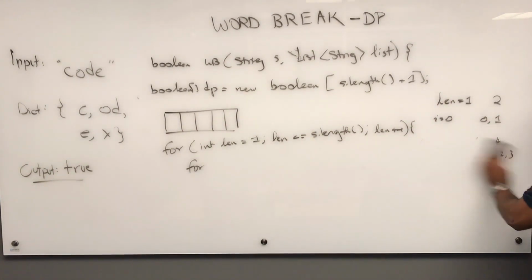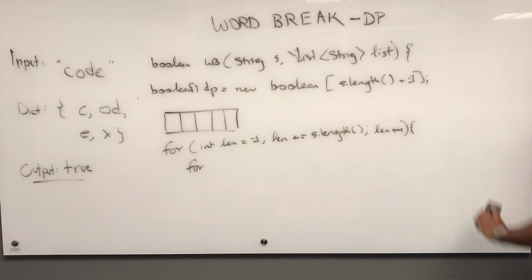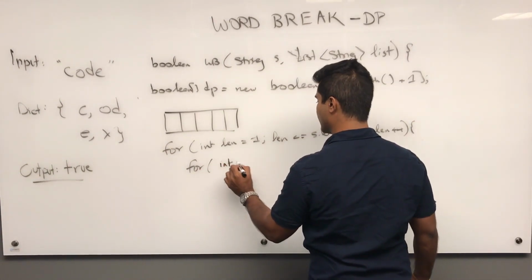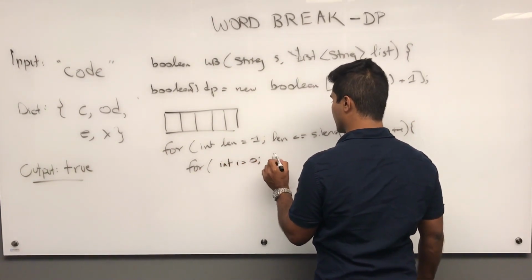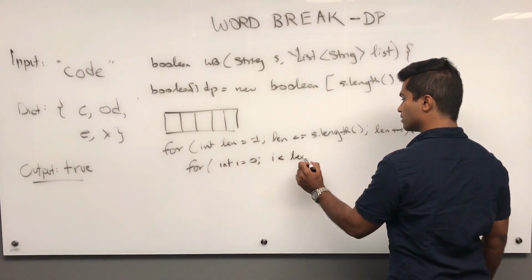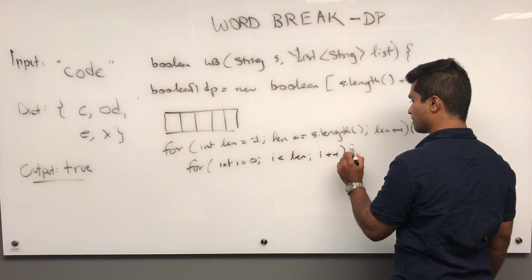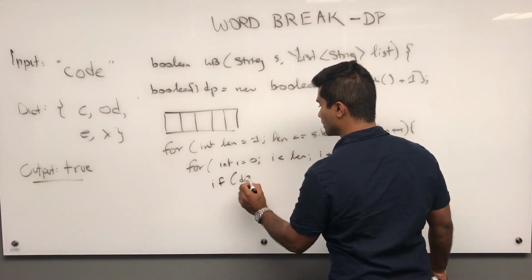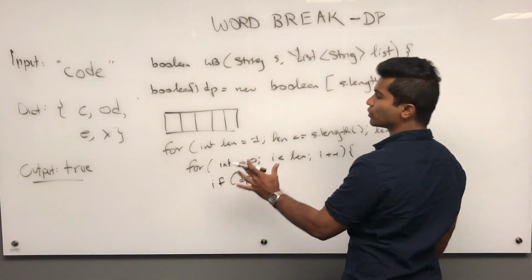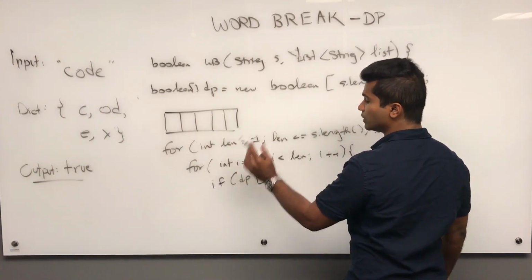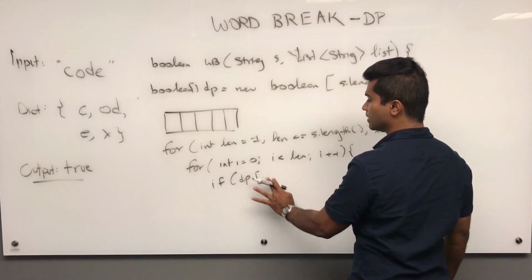Now, the code for that is going to be like this. Int i is equal to 0, i is less than length, and then i plus plus. Now this is the core one. What we're trying to do is to calculate dp of length.